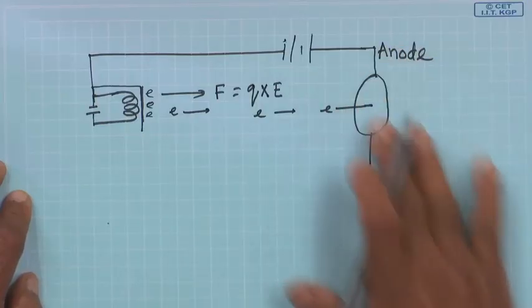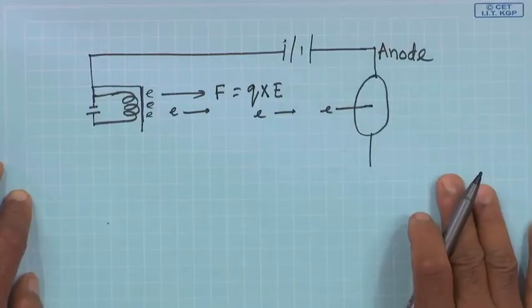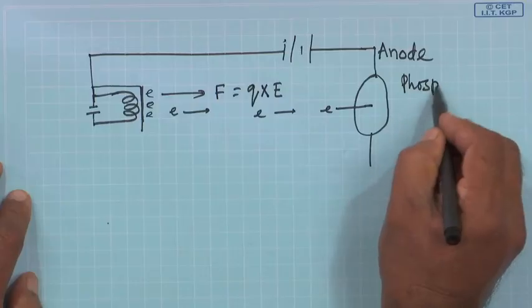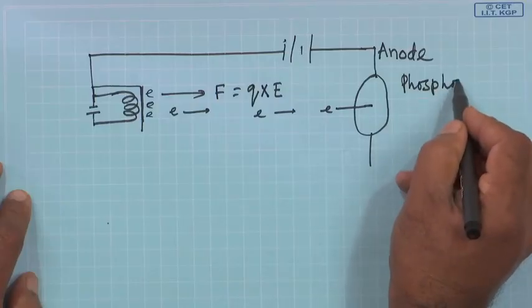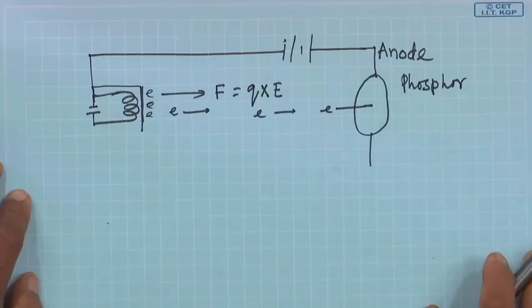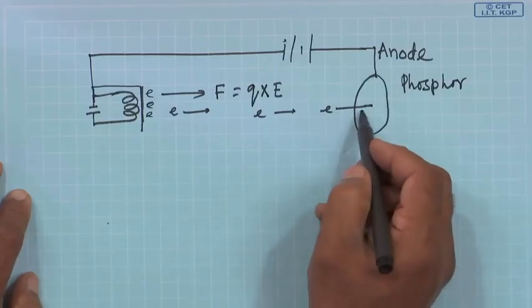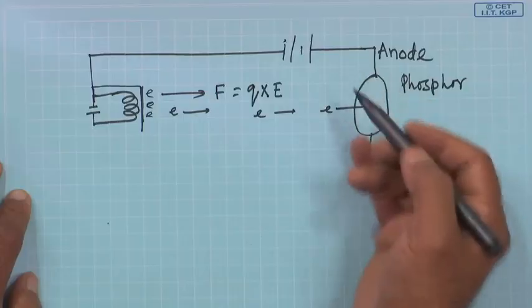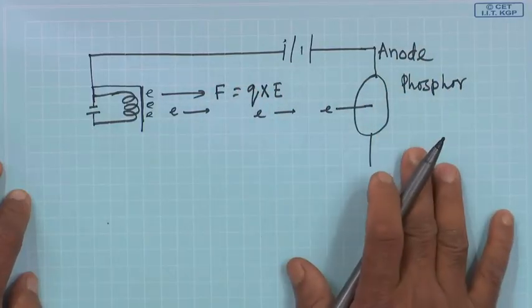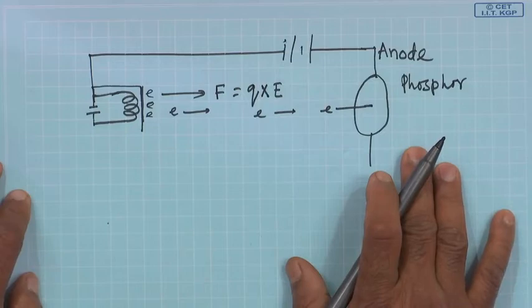Now, this anode surface is coated with some phosphor or fluorescent material. In this case the anode is the screen, coated with phosphor.